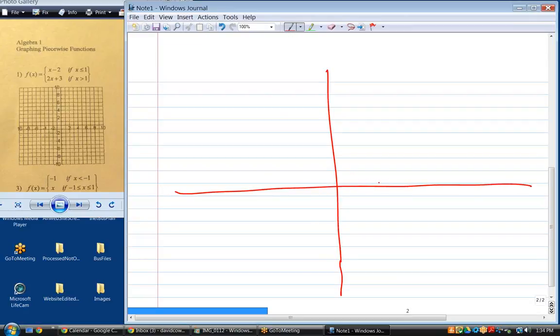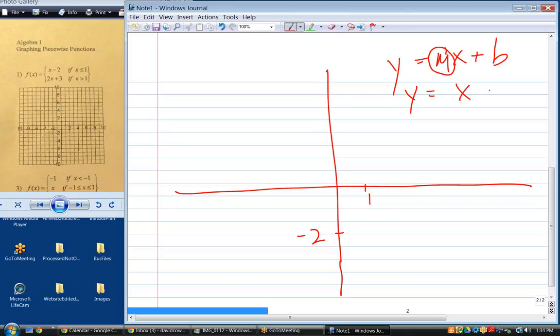Okay, so everywhere to the left of 1, we're going to graph the function x minus 2, and we're going to start that right there at minus 2. What's the slope of x minus 2? It doesn't have one. Actually, it does. It's in y equals mx plus b format. So that's the slope. Well, what is that in this case?